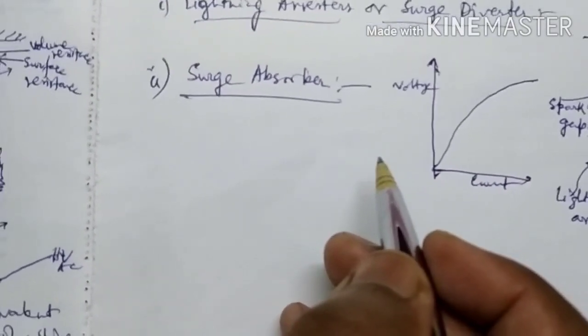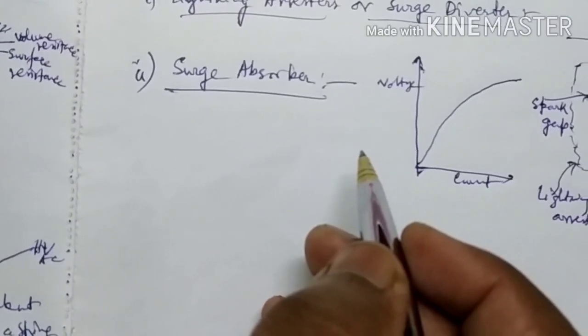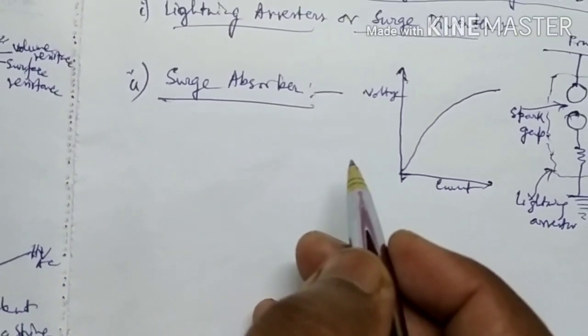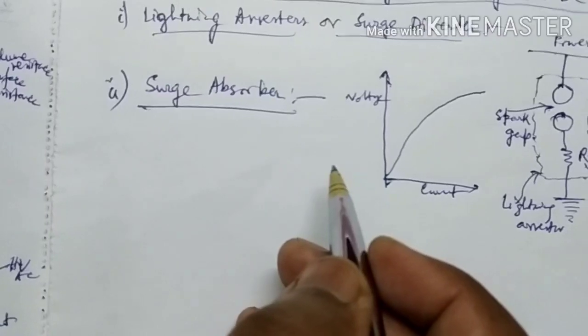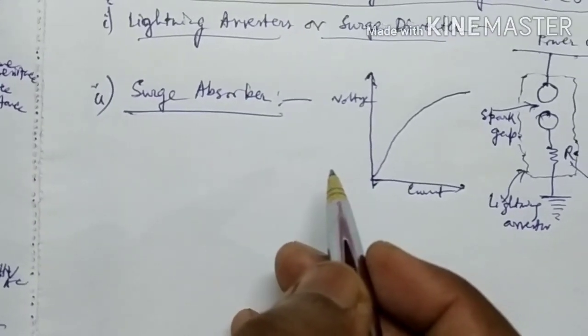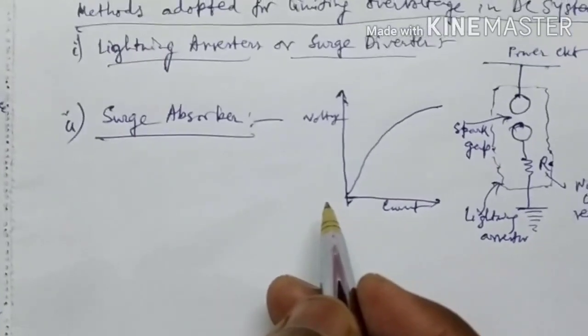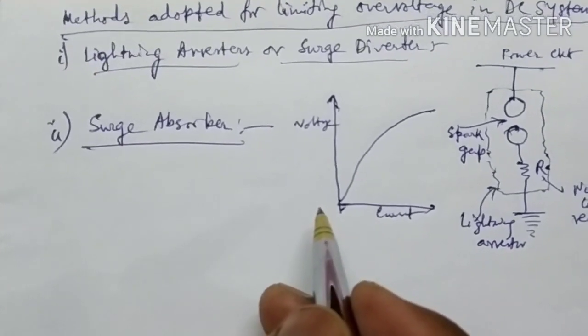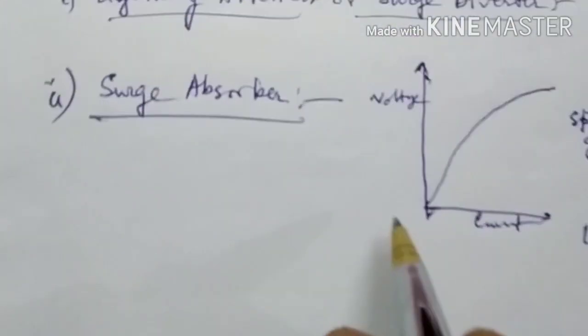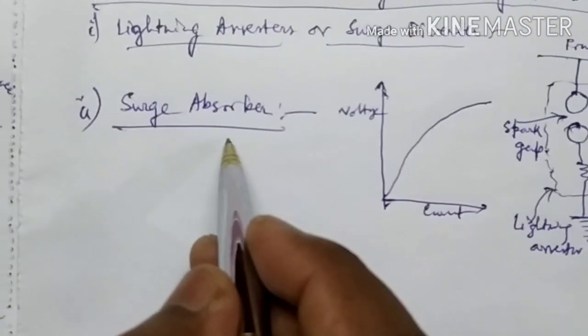As a matter of fact, both surge diverter and surge absorber eliminate the surge, but the manner in which it is done is different in the two devices. The surge diverter diverts the surge to earth, while the surge absorber absorbs the surge energy.